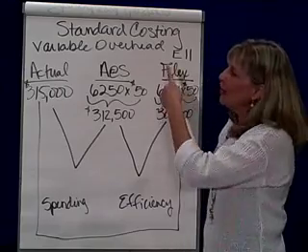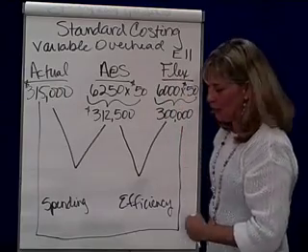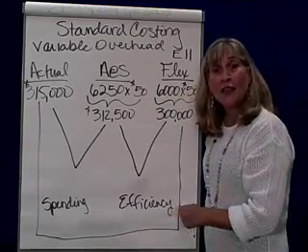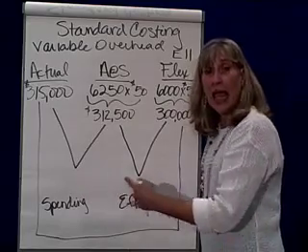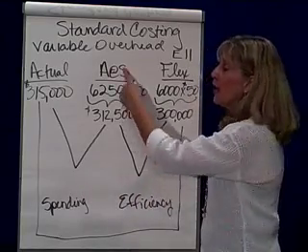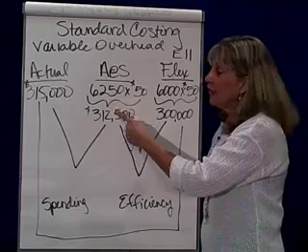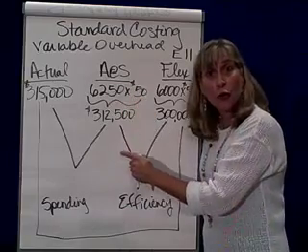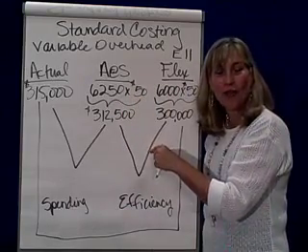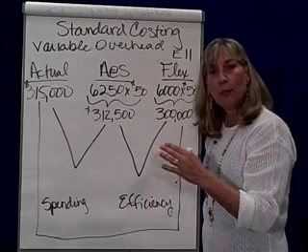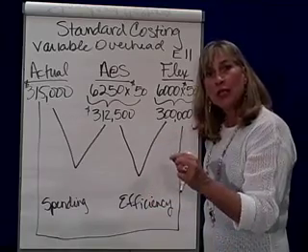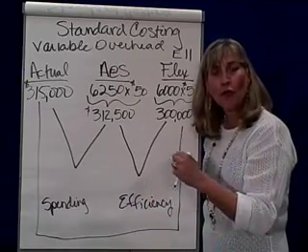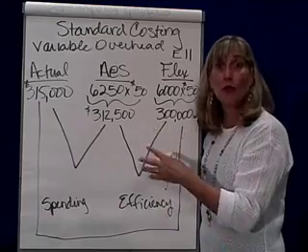This time we're going to find the variable overhead variance overall, and then split it into its spending and efficiency variance by isolating a center column, which is the actual quantity at the standard cost. So notice that you compute materials, labor, and variable overhead all the same way, same format.